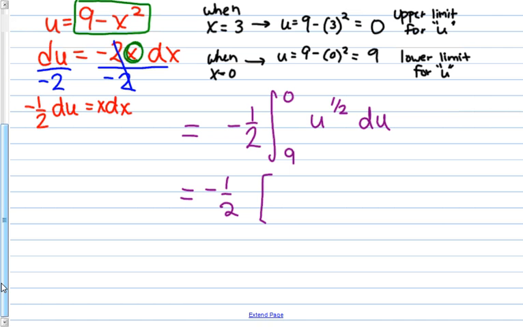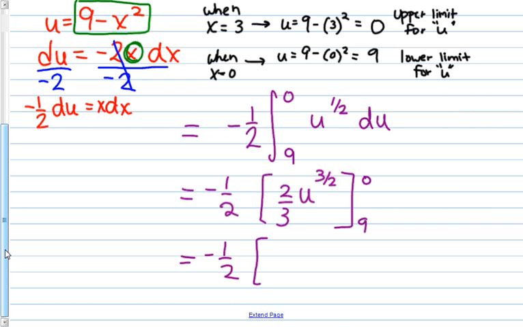Okay, so integrate it. u to the 1/2. So u, add an exponent, and then divide by my new exponent. And I'm evaluating this from 9 to 0. The upper limit is lower than the lower limit. That's okay. So negative 1/2.